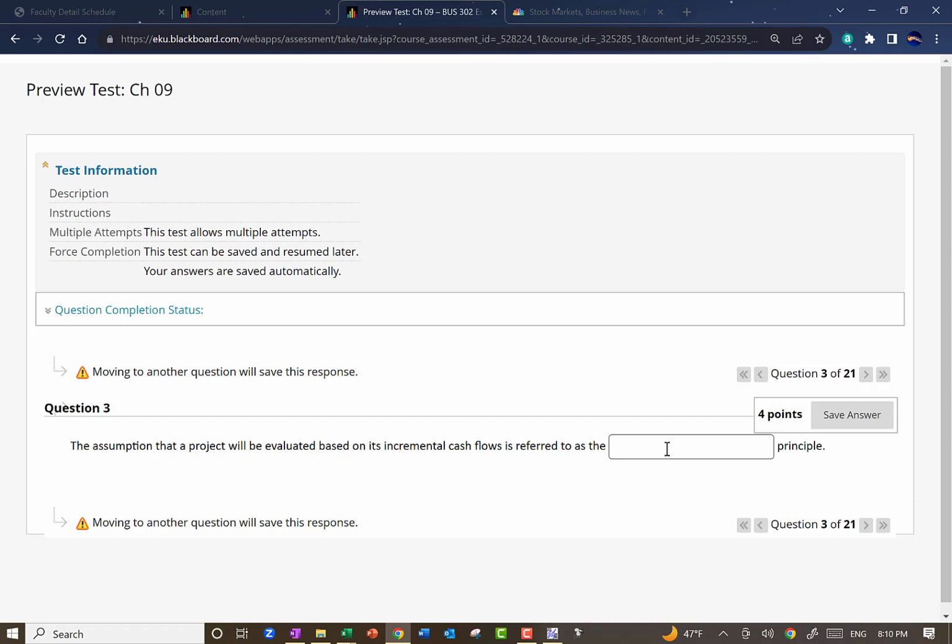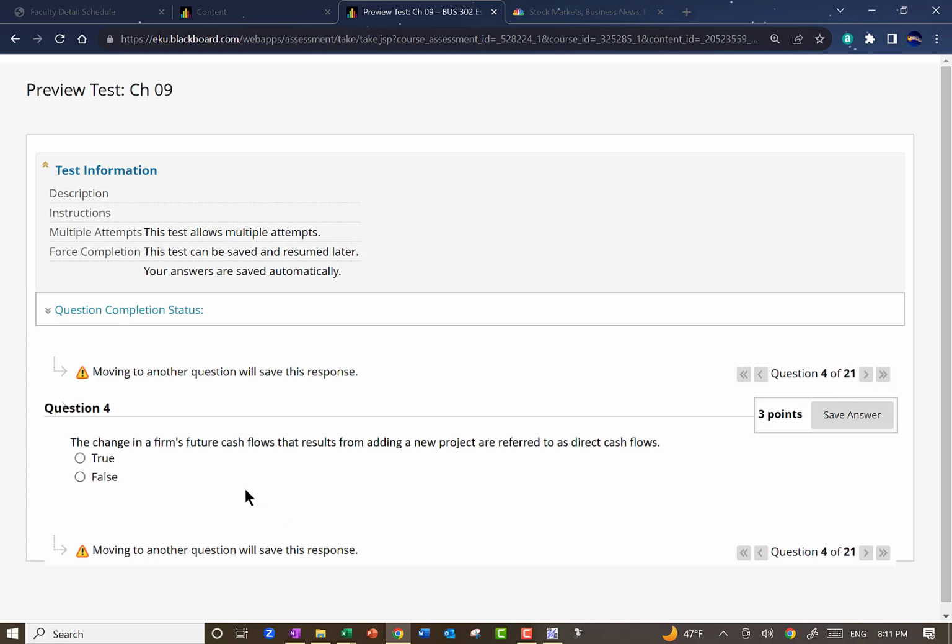I don't know, look it up from the book. My job is not to teach you stuff you can look up. The change in the firm's future cash flows that results from adding a new project is referred to as direct cash flows. That is false. They're called incremental cash flows.